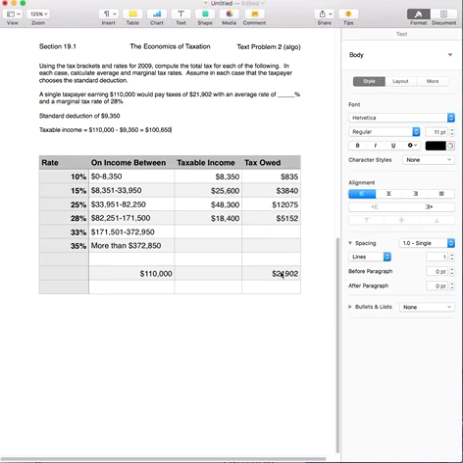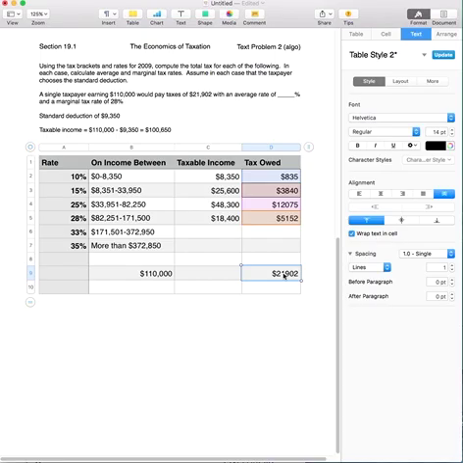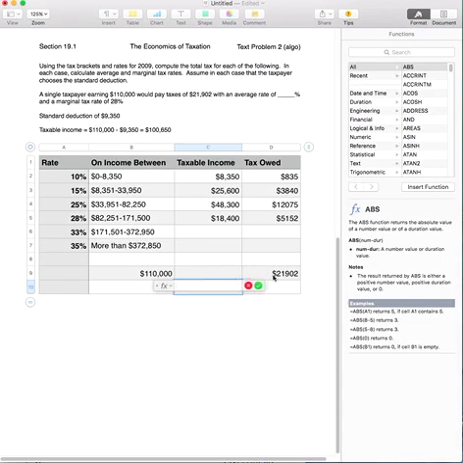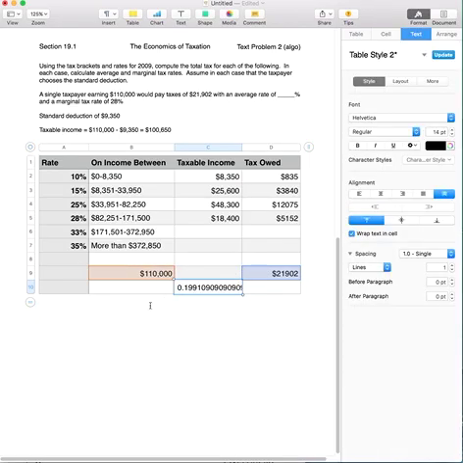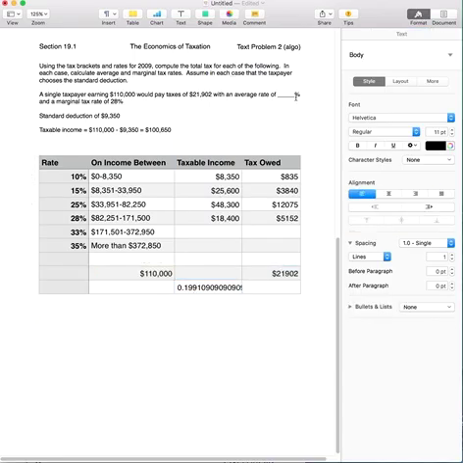And for the average tax rate, you just take the total taxes that were paid across all the brackets and divide by the original income that we had prior to the standard deduction. So we take that 21,902, divide by the 110,000, and that gives us an average tax rate of 19.91%.